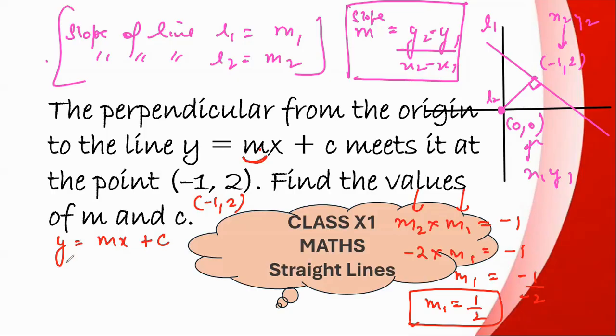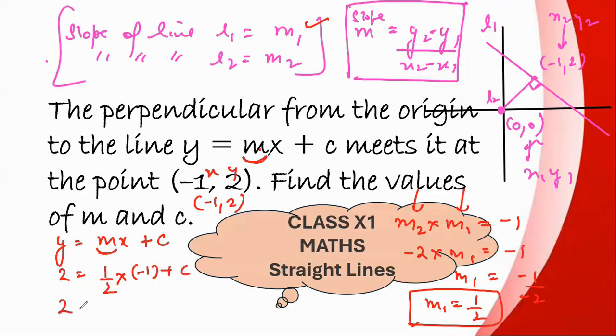So y is 2, m is the slope of line L1, which we got as half, times x, which is -1, plus c.